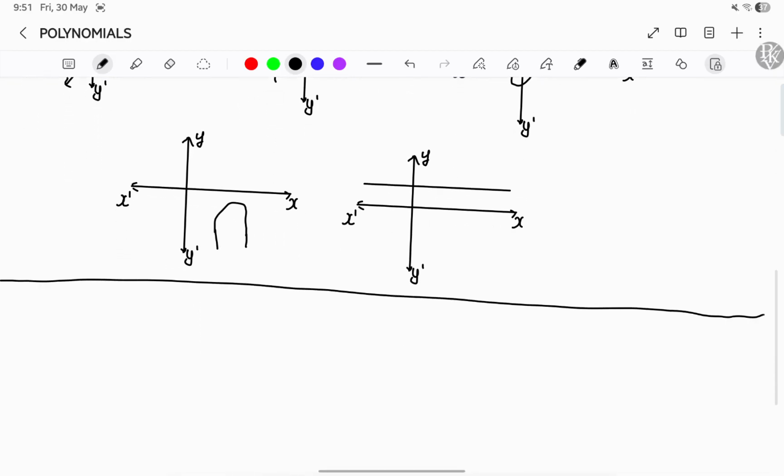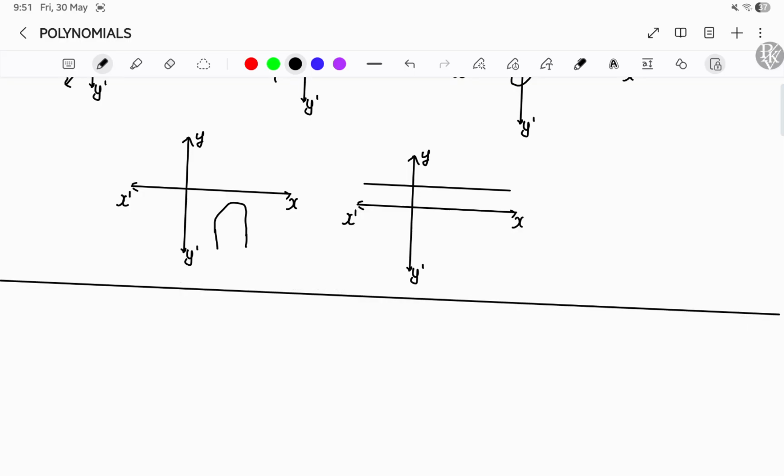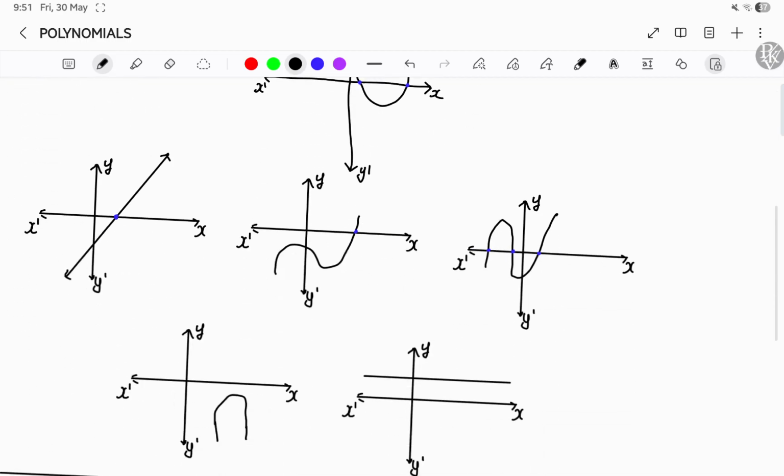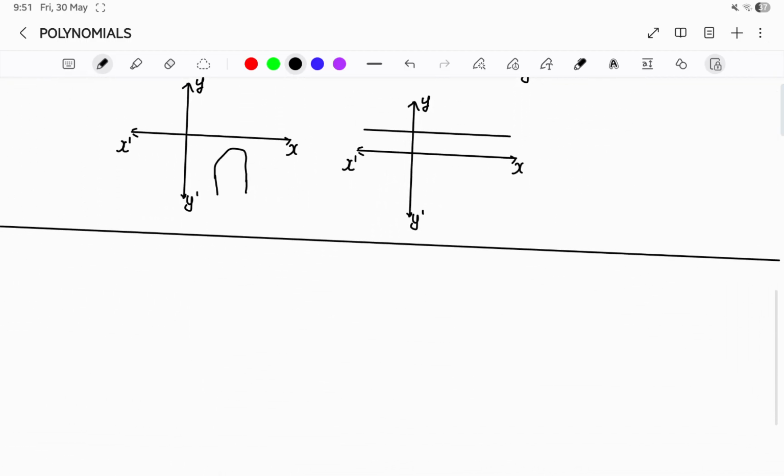So let's consider a polynomial whose degree, we used the term degree before we defined it. So if you forgot, just go back again. Degree of a polynomial is 1. Let's see a polynomial whose degree is 1. So ax plus b, where a is not equal to 0.